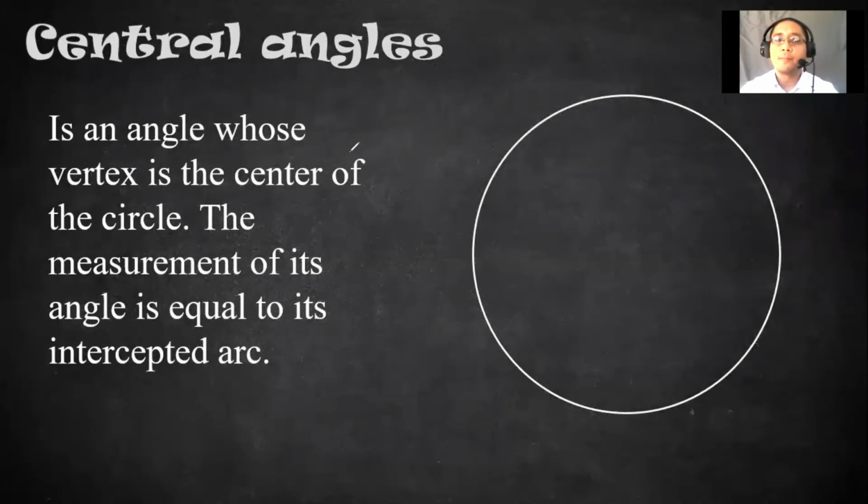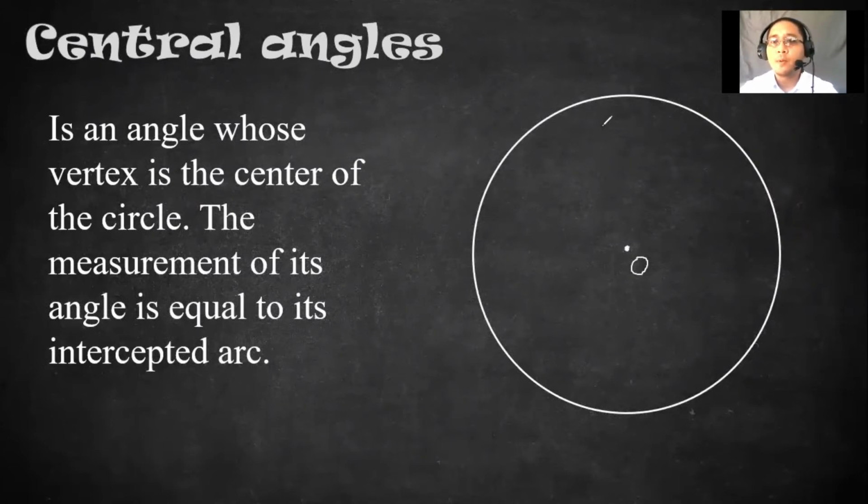Given a circle, all we need to do is identify first the center point. If our center point of the circle is represented by point O, therefore we can name this circle as circle O. Based on the definition, an angle whose vertex is the center of the circle.